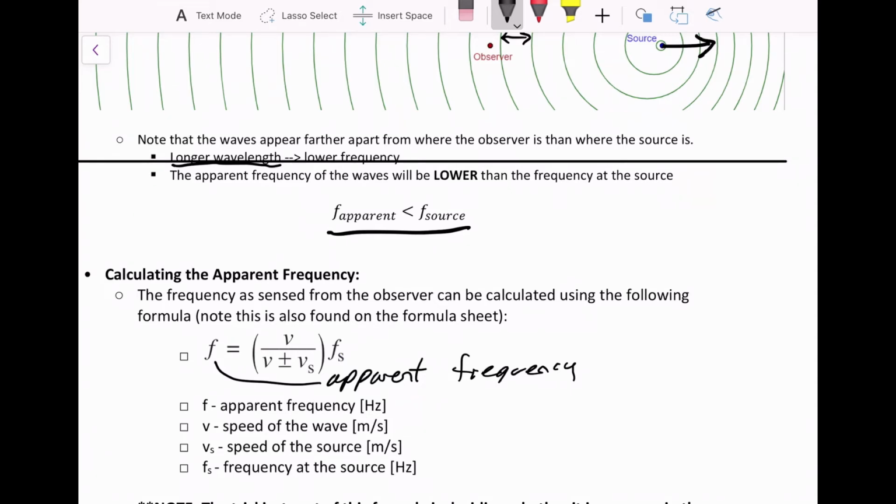And all of that is multiplied by the frequency of the source. So the frequency is equal to some factor multiplied by the original source frequency. And this factor depends on the speed of the source.